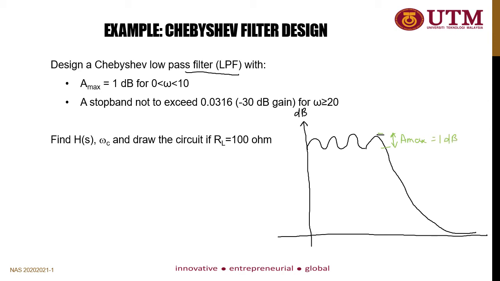So this is your Mx, here is 0 and here is 1. And omega goes from 0 until 10. So your omega P is equal to 10 radian per second, and your alpha P is minus 1 in the passband area. Followed by a stop band not to exceed these values.